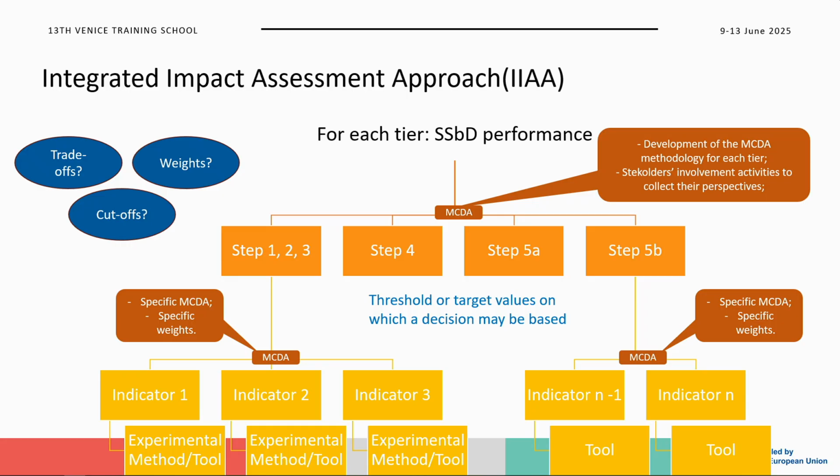stakeholder profiles, in order to give different importance to the indicators that we are assessing, but also at a higher level when we are discussing the integration of the different steps. This is because in some cases we could have conflicting objectives that need to be dealt with by using also the involvement of stakeholders.